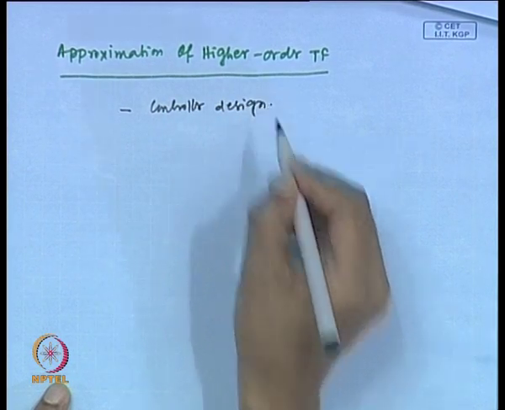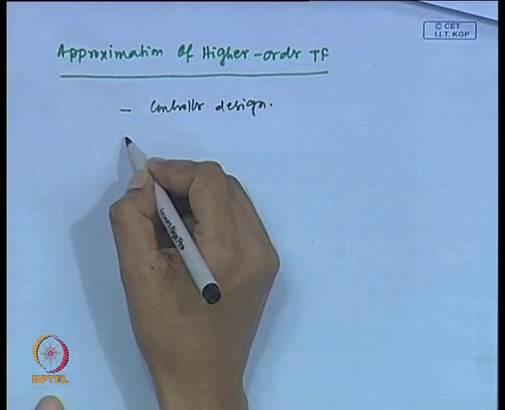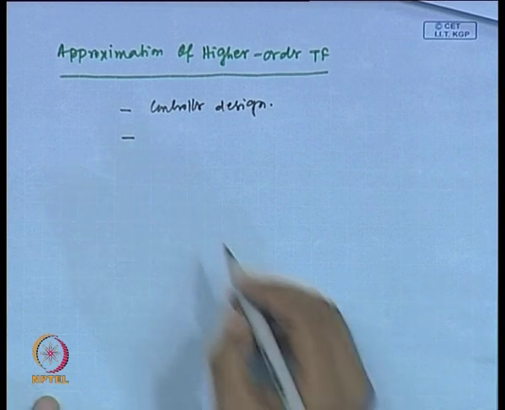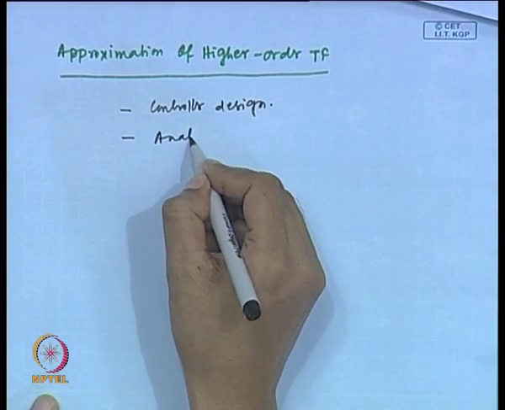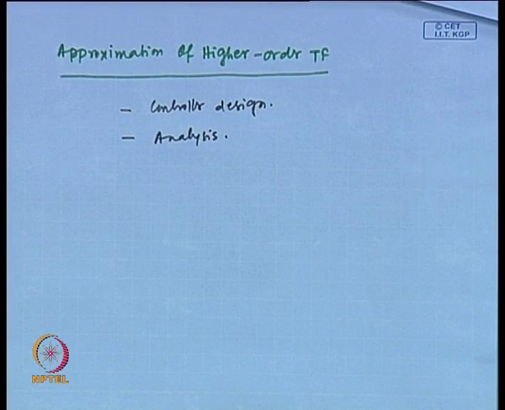It is easy to design the controller by transforming higher order transfer function to lower order transfer function. Another advantage is also it is easy to analyze the lower order transfer function.